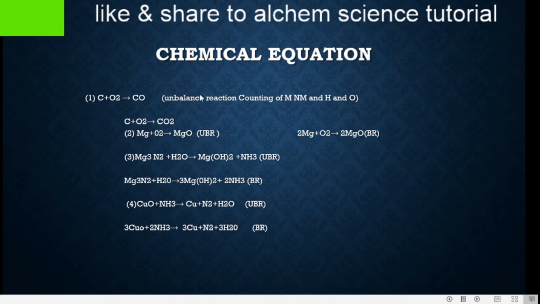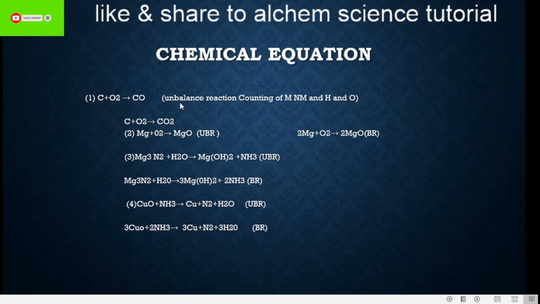Okay, next reaction: Mg plus O2 gives MgO. Now count the number of metal atoms present in this reaction. There is 1 Mg here and also 1 Mg here, so the metal is the same.